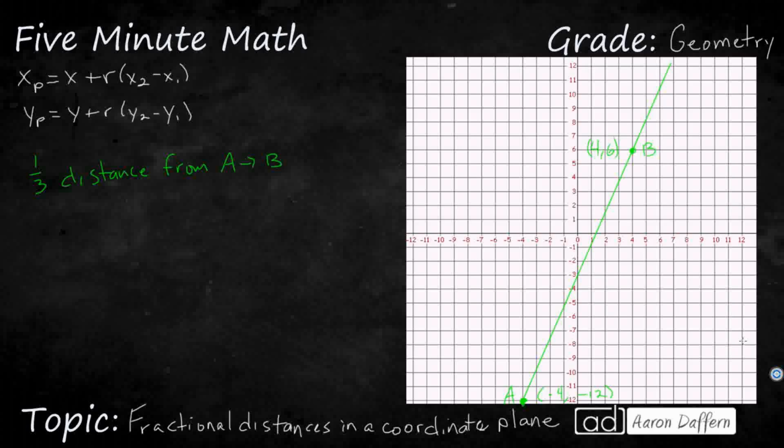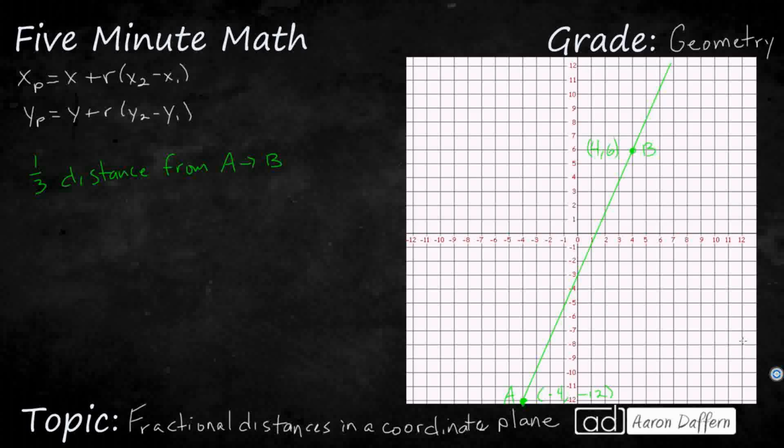And I could eyeball this a little bit, but I want to get exact because we can get exact when these are coordinates. And really, we're going to use these two equations we see up here, where the x and the y value of P, the point we're looking for, is really just a relationship between the initial starting value and the distance between those two.